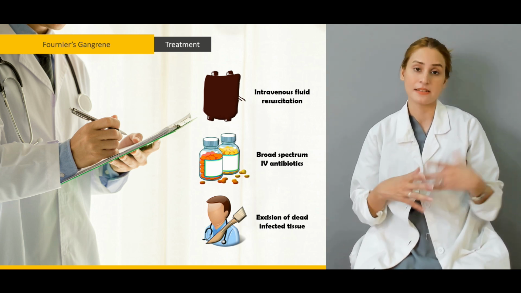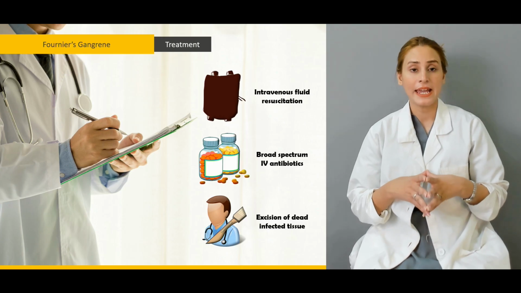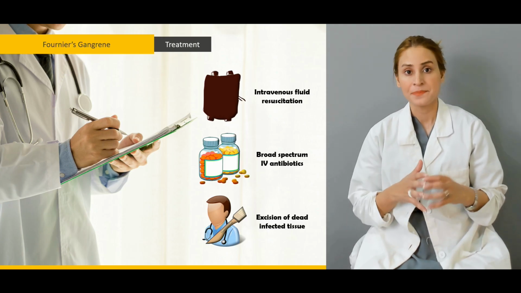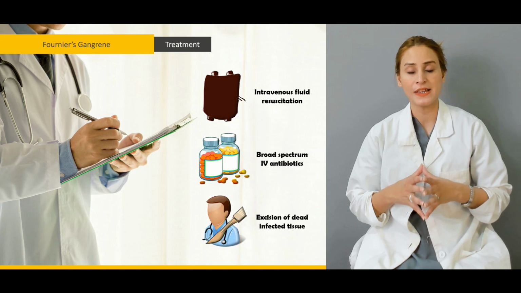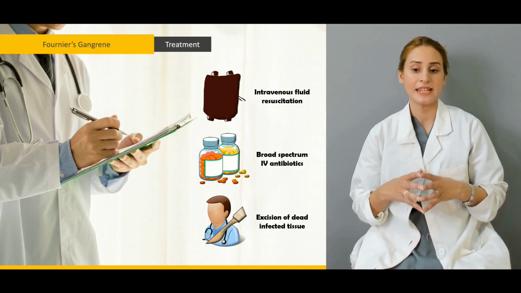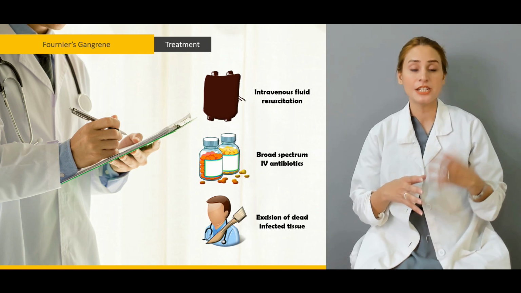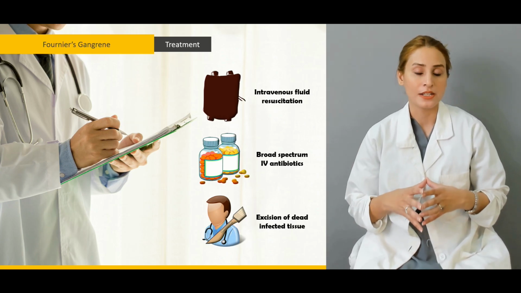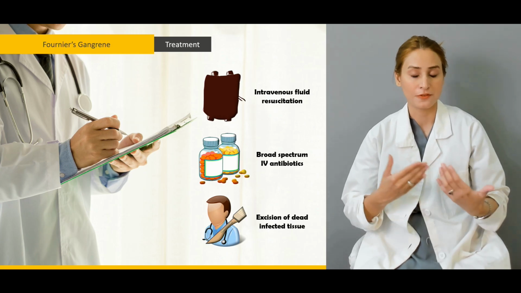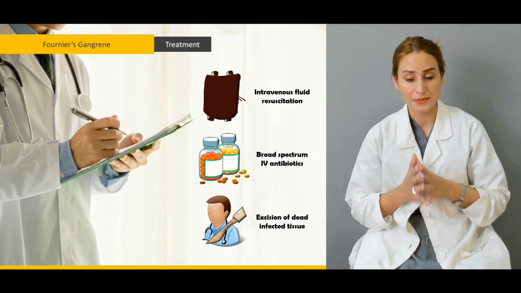You can also add a linezolid group as well. And with all these things, the supportive therapy which you are giving the patient, like good hydration status and broad spectrum antibiotics, you need to put the patient on regular surgical debridements as well. This is very important.